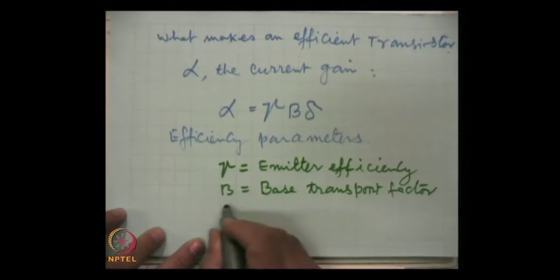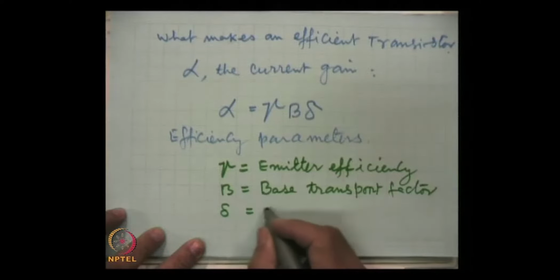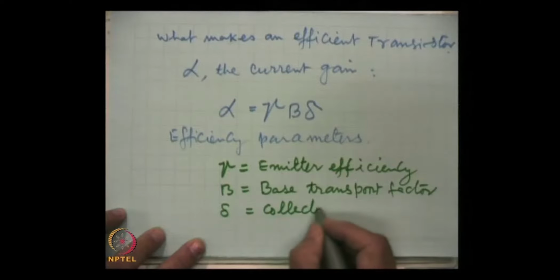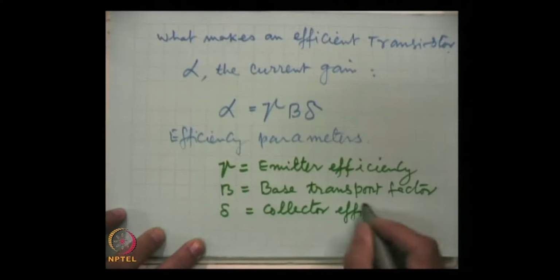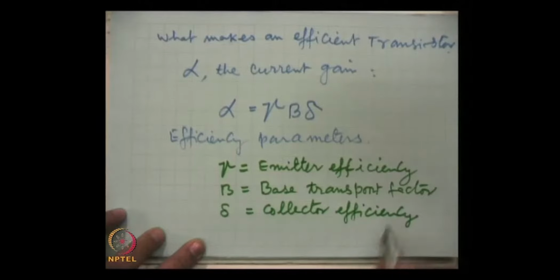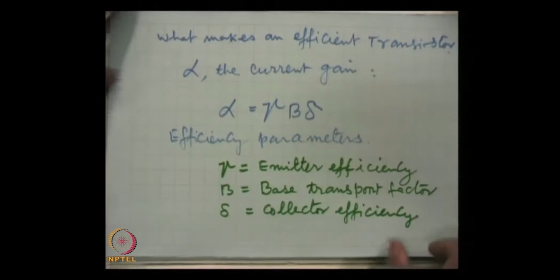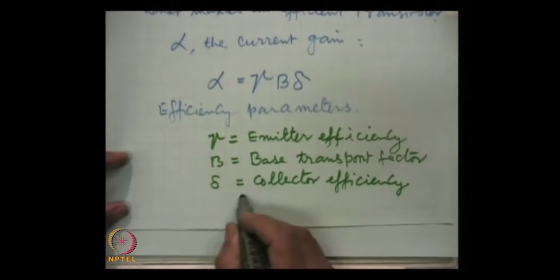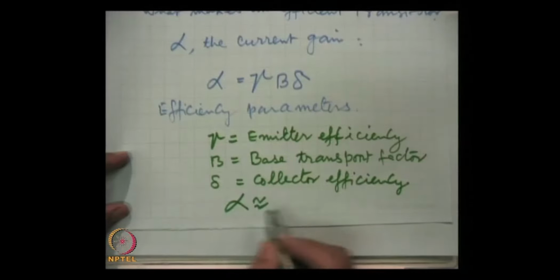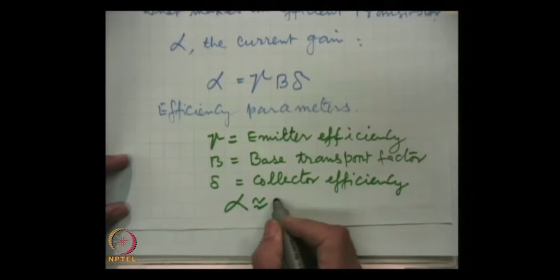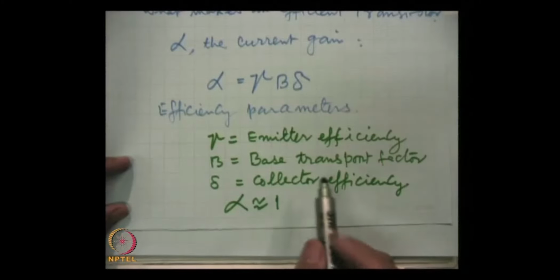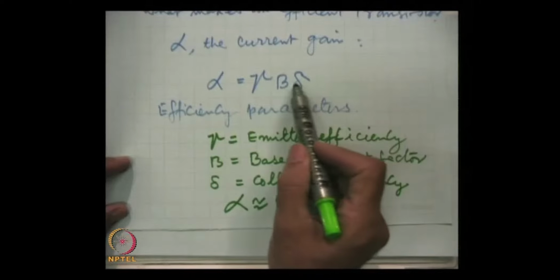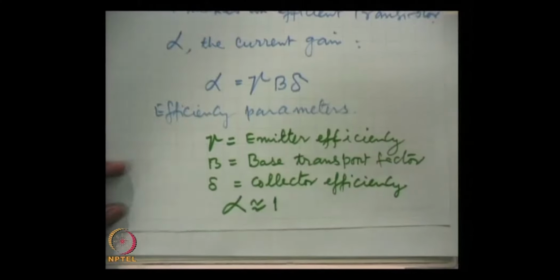And delta is called collector efficiency. We will talk about all these 3 efficiency parameters one by one. Remember, our objective is to keep the current gain alpha as close to 1 as possible, and for that the requirement is that all these 3 parameters individually should be close to unity.